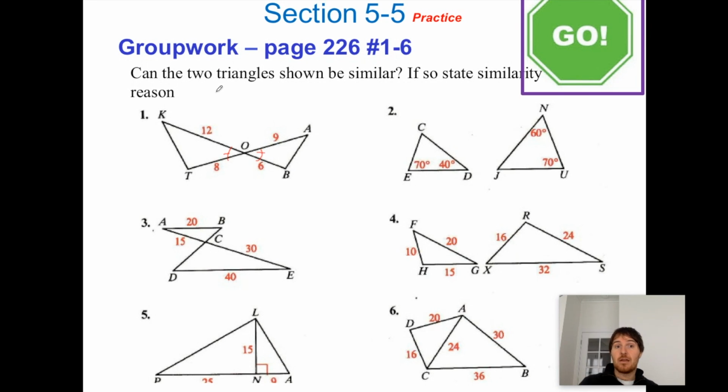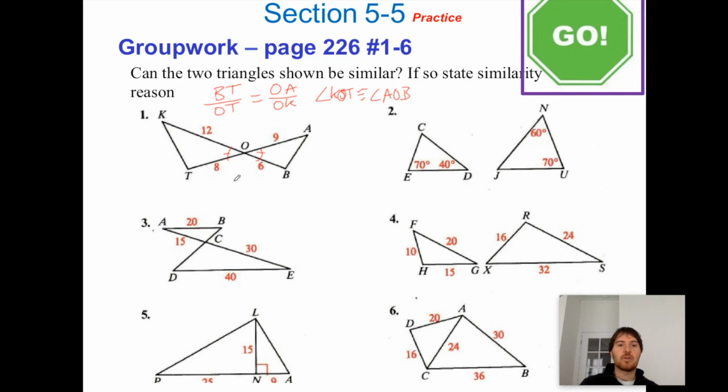So our goal of showing that BT to OT equals OA to OK is true because it's a 3 to 4 ratio. And we also know that angle KOT is congruent to angle AOB, because vertical angles are congruent. So this one is yes.